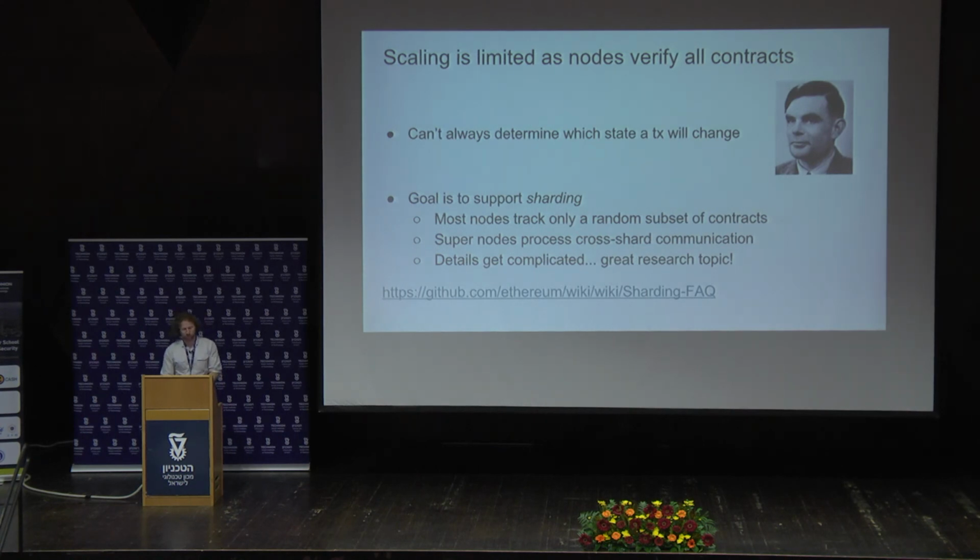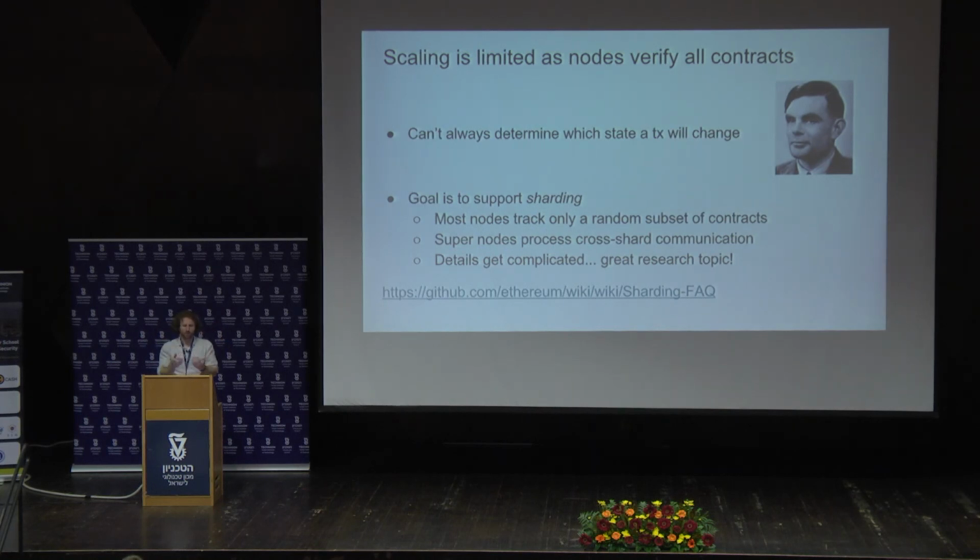Scaling, so this question was asked already, but yes, indeed, scaling is a really difficult problem. There's various different ways that have been proposed to shard the system, which means different miners only track part of the system, not the whole thing. That would potentially allow a lot more scaling. The problem with sharding is that you can't really tell when a transaction is uploaded which other contracts it's going to interact with, which parts of the global state it's going to touch.